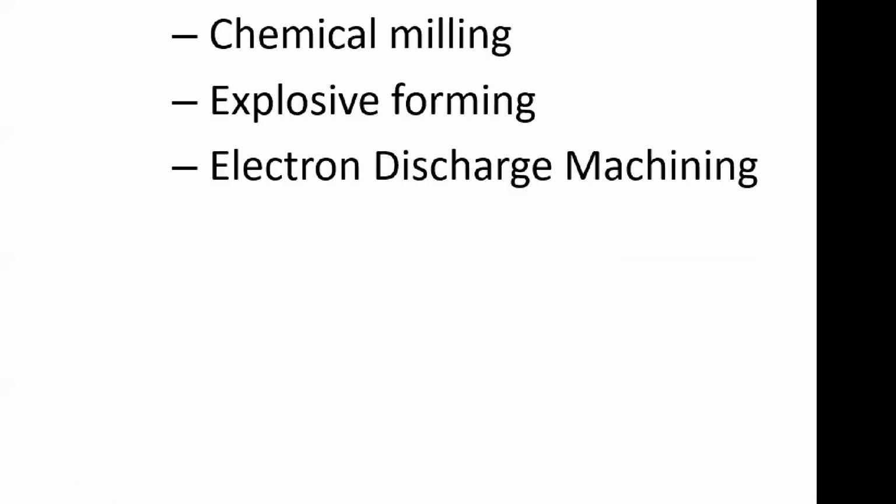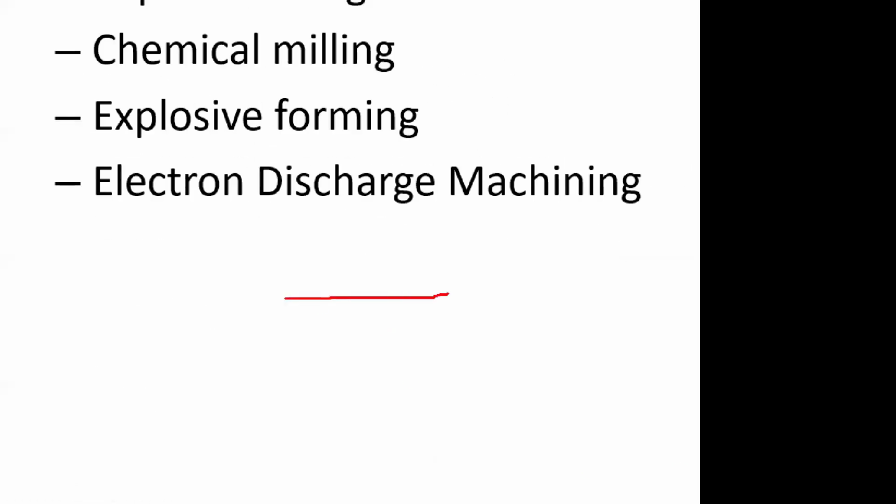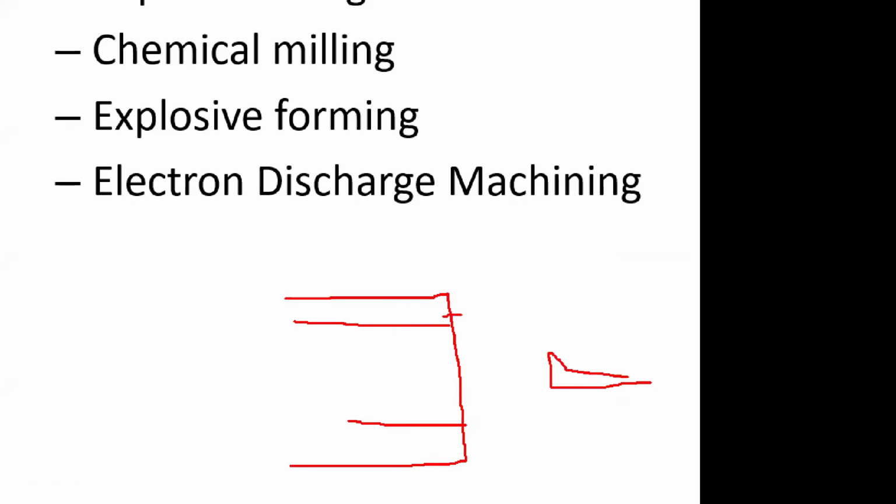So you have an existing hole, and then you have a boring bar that comes in and removes a little bit more material in that hole. You can't start a hole with a boring process. It's a finishing process to get a hole to a precise size.